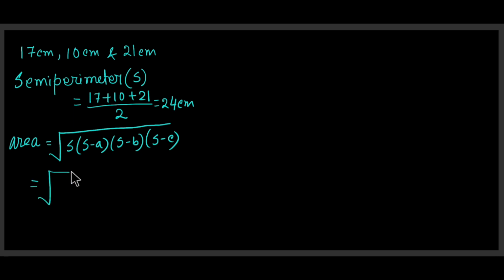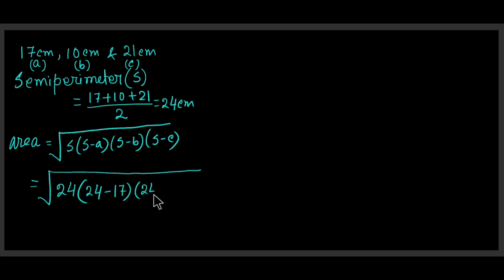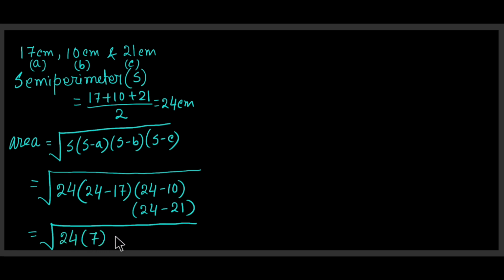Now putting the given data in this formula, we get 24 into (24 minus 17) into (24 minus 10) into (24 minus 21), let us assume that 17 is a, 10 is b, and 21 is c. So root over 24 into 7 into 14 into 3.